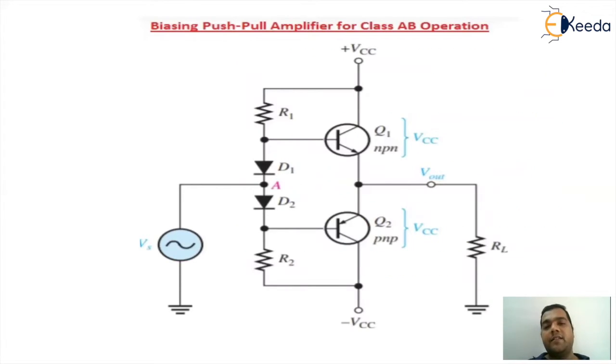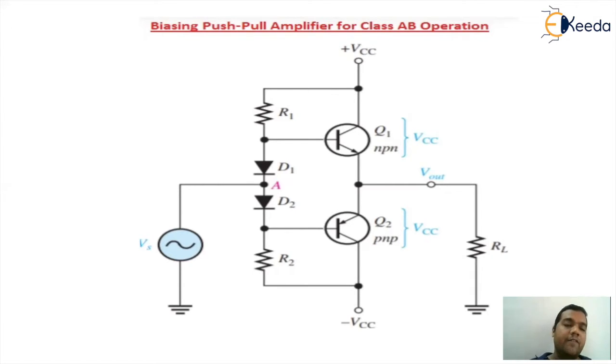Here we can see the circuitry carefully. We can see the diodes D1 and D2. An additional path is being shown where from VCC towards minus VCC, a separate section is being designed with two resistances and two diodes, where each independent diode will ensure that it will provide the required voltage for the transistors Q1 and Q2 to turn on.